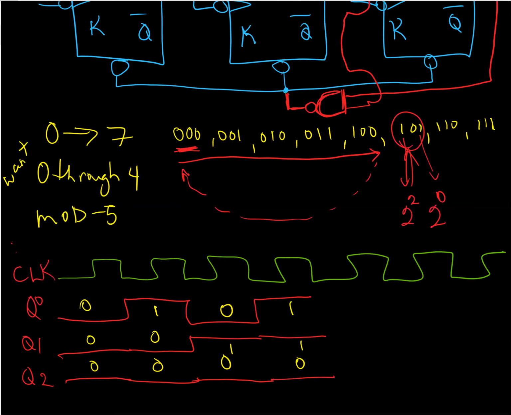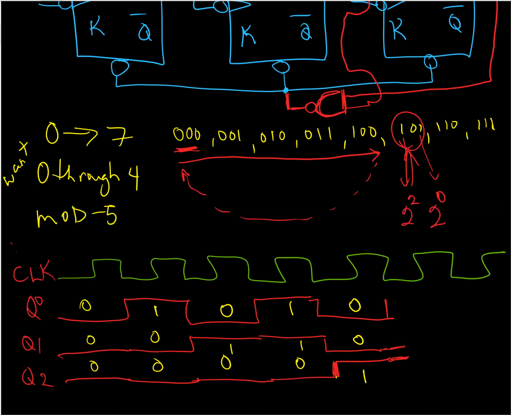Then Q2 goes high, so we have 1, 0, 0. And then we go to state 5, which is 1, 0, 1. So we have, this is still 1, this is 0.